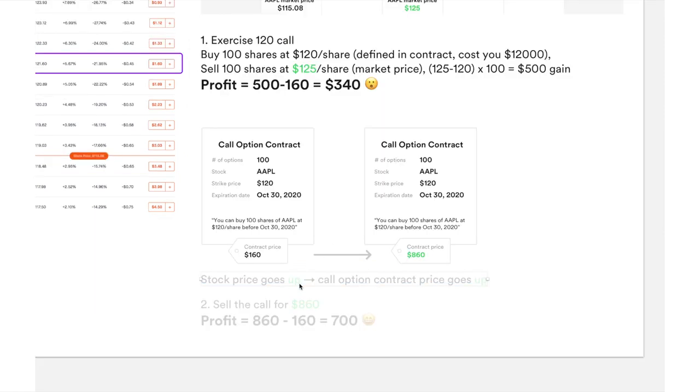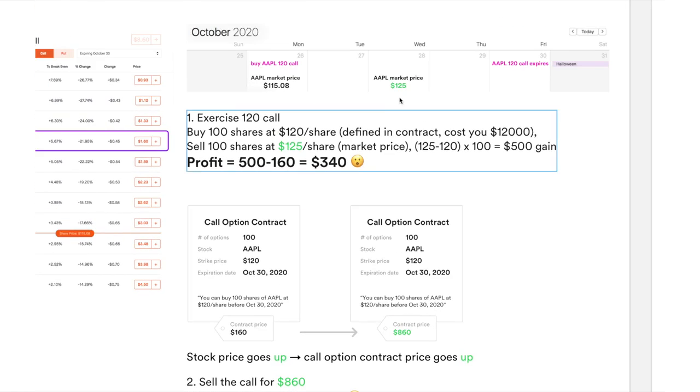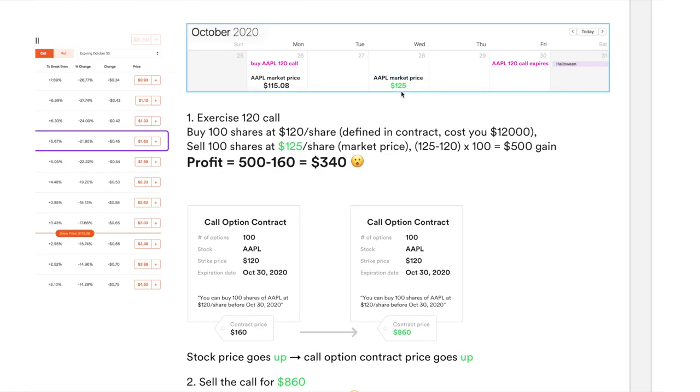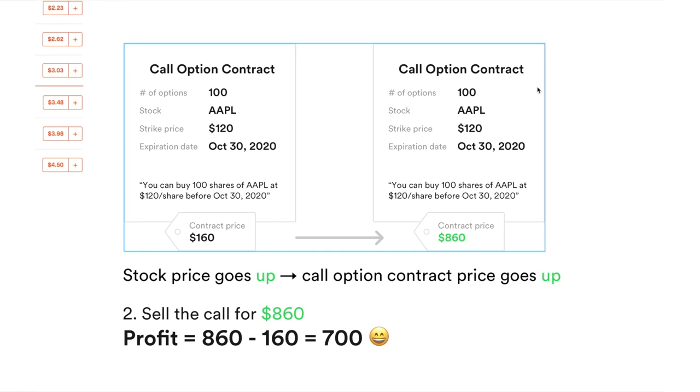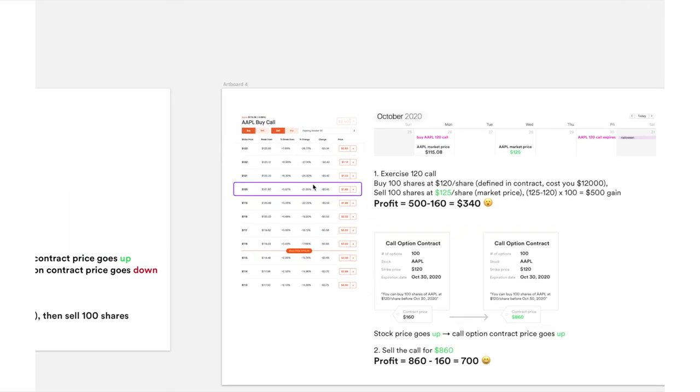Well, of course, the second way, as we talked about, if the stock price goes up, the call option contract price will also go up, right? So on Wednesday, when the Apple stock price actually goes up to 125, the call contract price, the same call contract, exact same one, the one you're holding, it could maybe go up to 860, which is amazing, right?